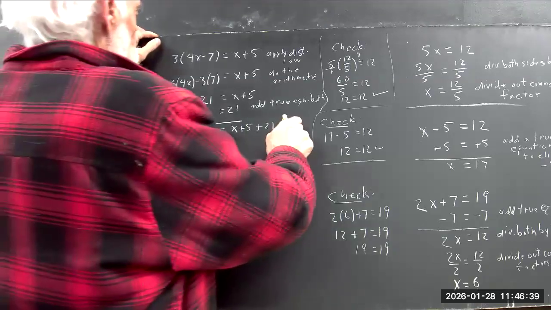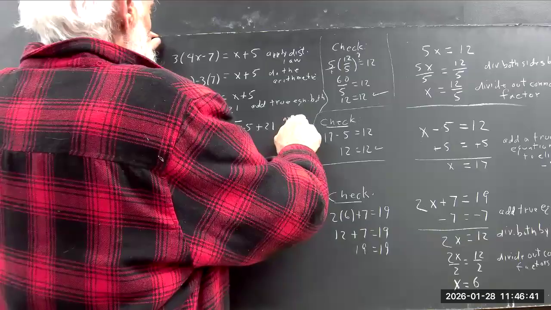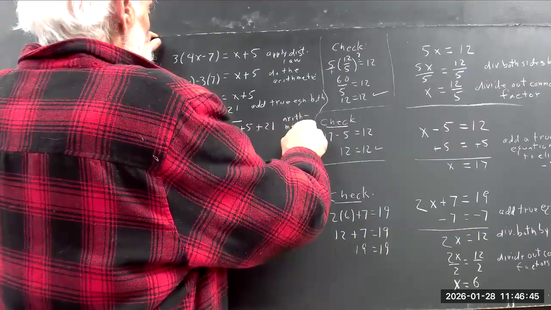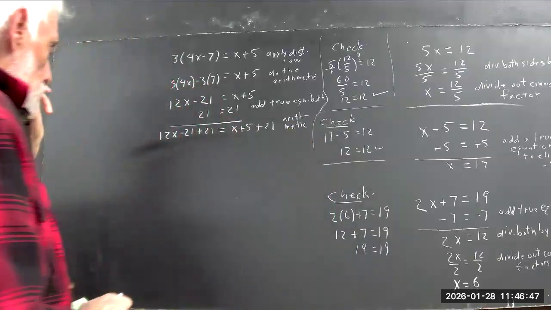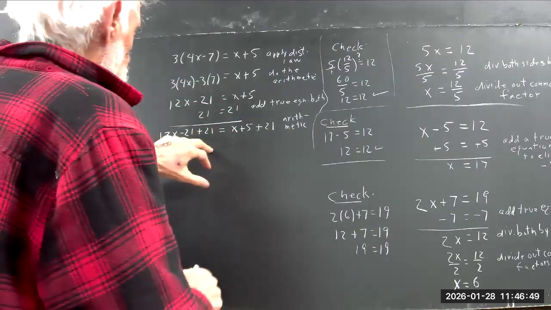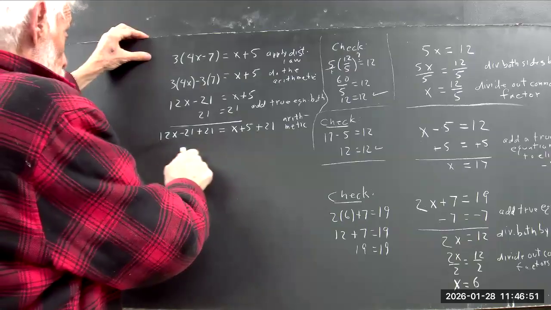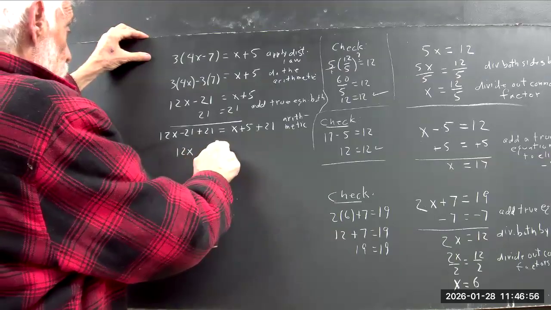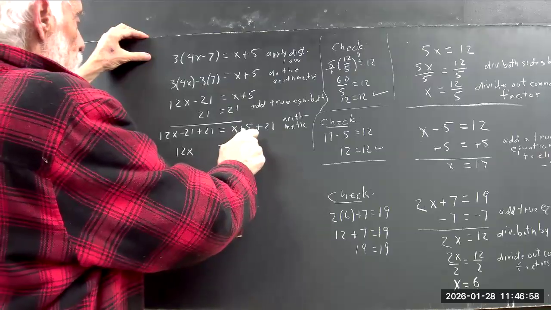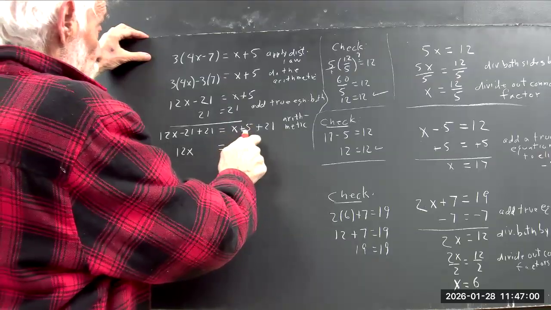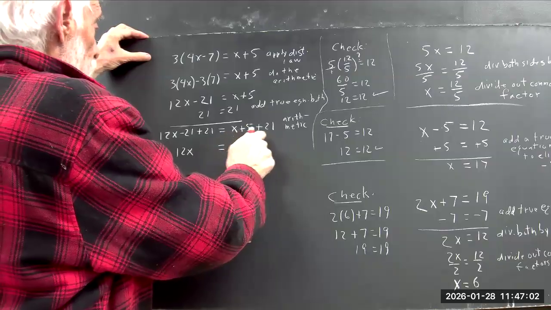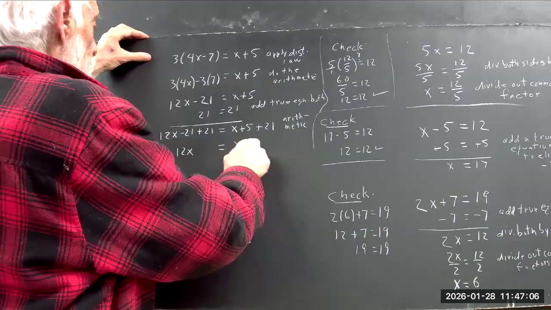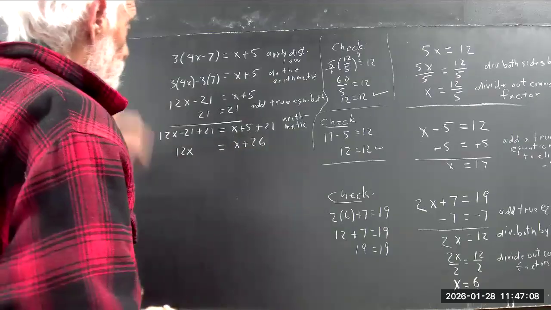And now we do the arithmetic. Okay, minus 21 and 21 gives us 0. So on the left-hand side, we just have 12x. On the right-hand side, we have x plus 5 plus 21. That's x plus 26.